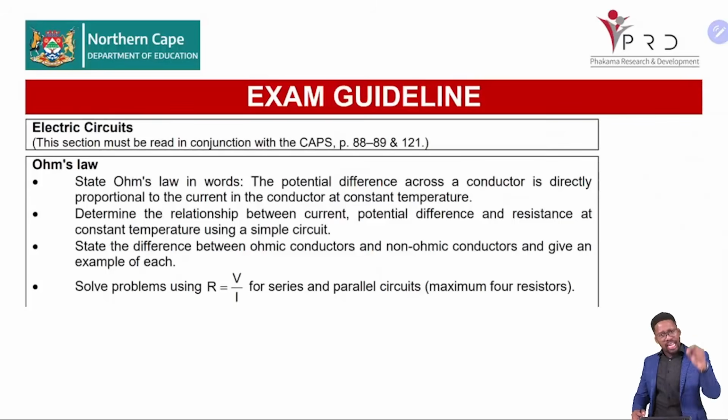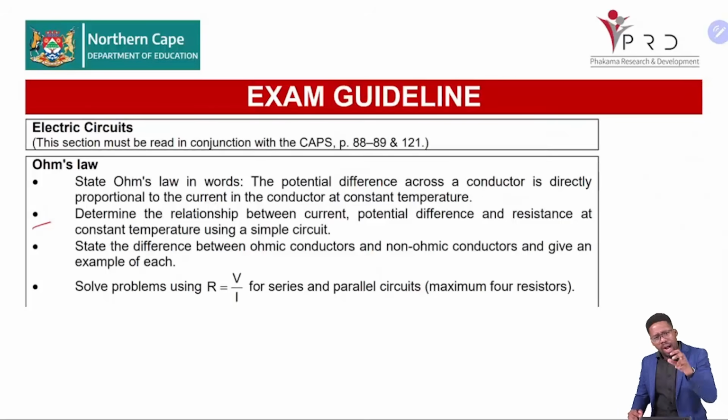at constant temperature. Then it says you'll determine the relationship of current, potential difference, and resistance. Remember, we said we are comprising this topic into three concepts. It is made up of current, potential difference, and resistance.